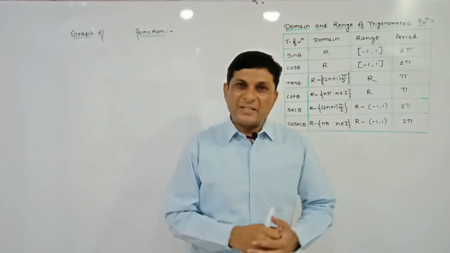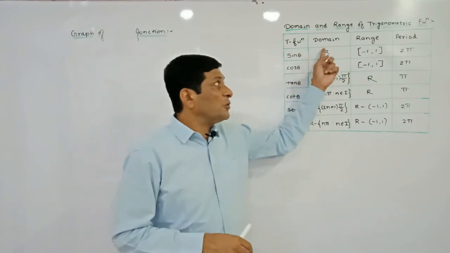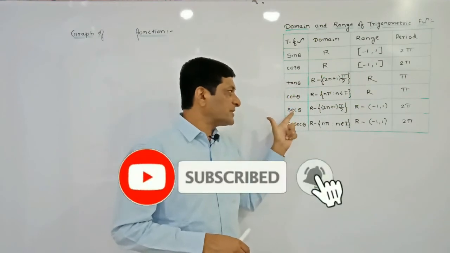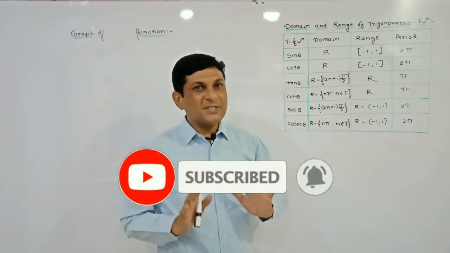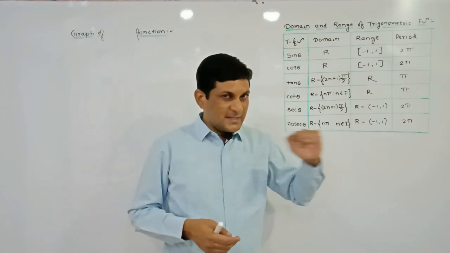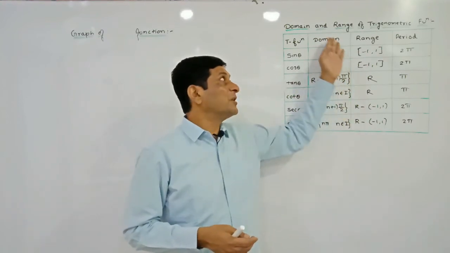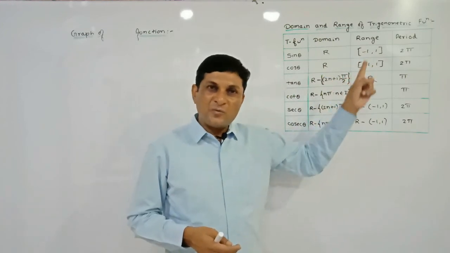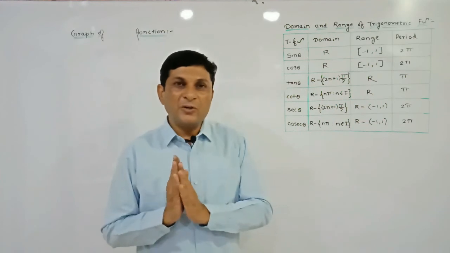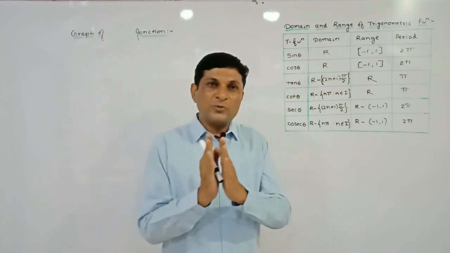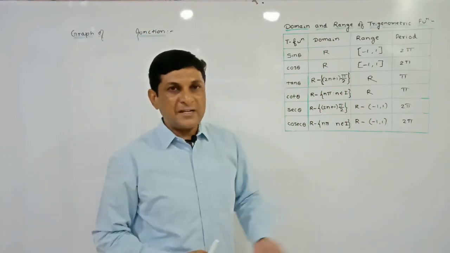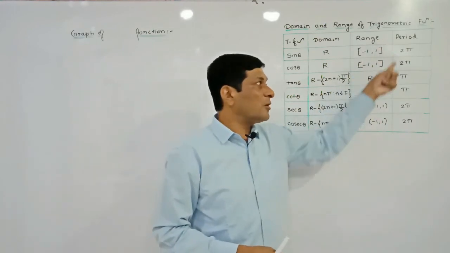Using the same method, we are able to find the domain, range and period of the remaining three trigonometric functions: cot, sec and cosec. Just simply construct the graph of these functions. The values on the x-axis are nothing but the domain. Values on the y-axis are nothing but the range, and by observing that graph you are able to identify after how much fixed interval the values are repeating. The length of that interval is nothing but the period of the function.